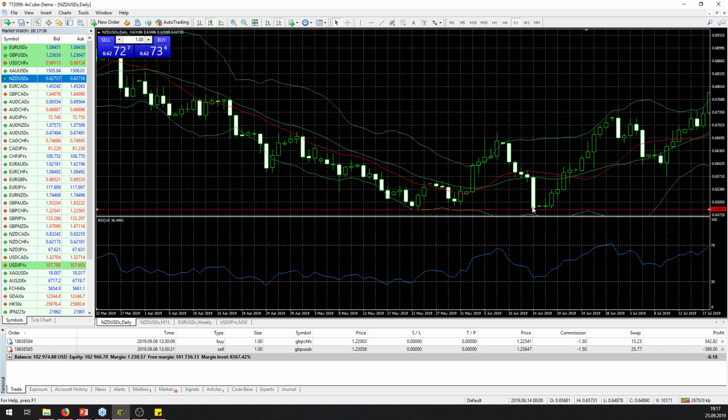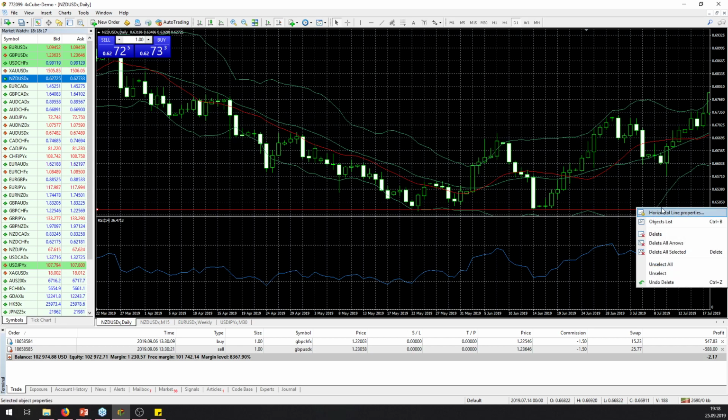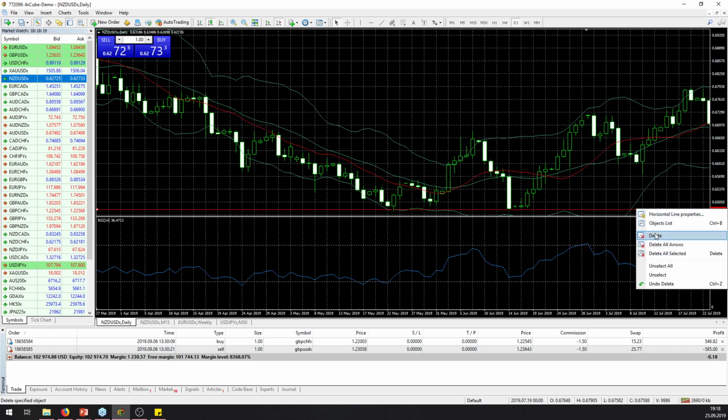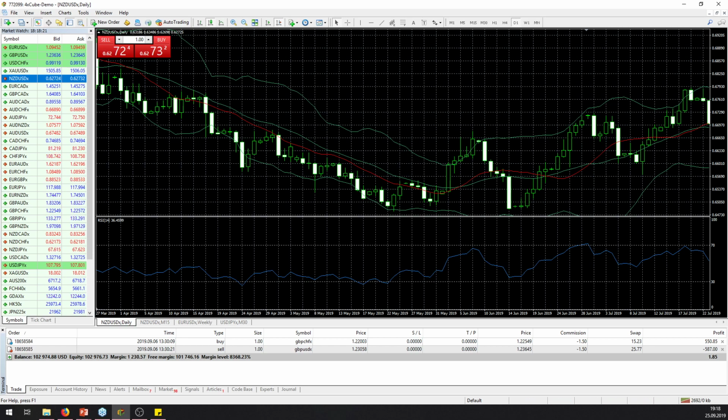And you might want to put a take profit order at this resistance level here, at the top of the beginning of the previous or existing downtrend, before the inverted hammer occurred. Okay, so let me just delete these support and resistance levels, and we will go back into the presentation.